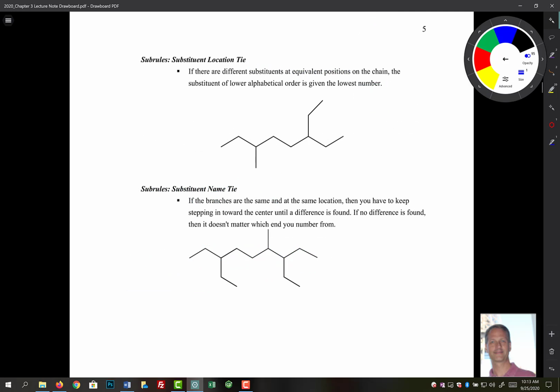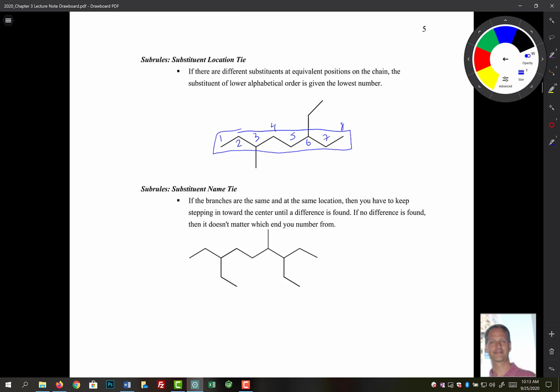Now, the last little sub rule that we're going to talk about, there's two really, is the substituent location tie. If you get a tie in the substituent location numerically, then the substituent that has lower alphabetical order is given the lowest number. When we look at the structure here, that is your parent. So that is 8 carbons, 1, 2, 3, 4, 5, 6, 7, 8.